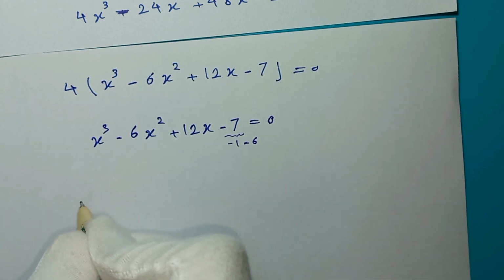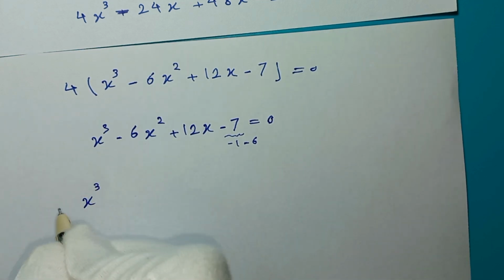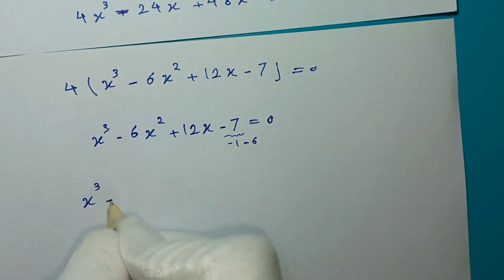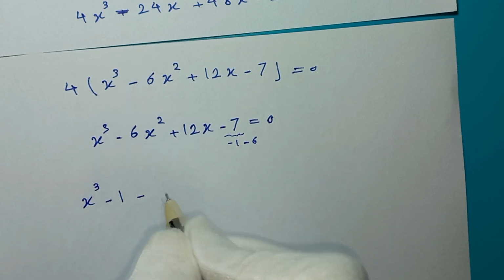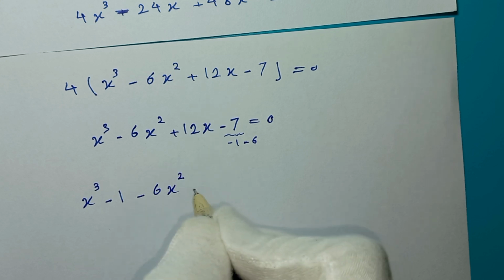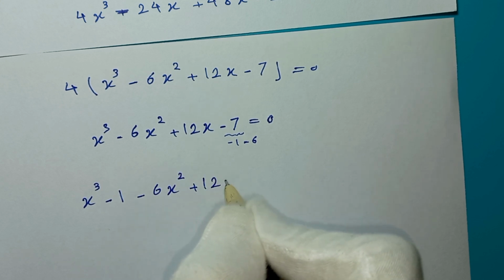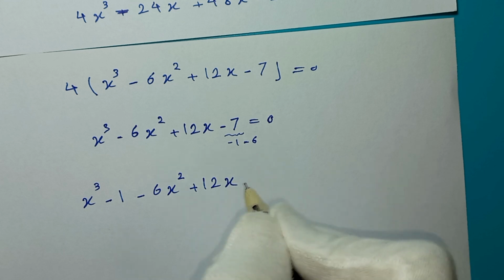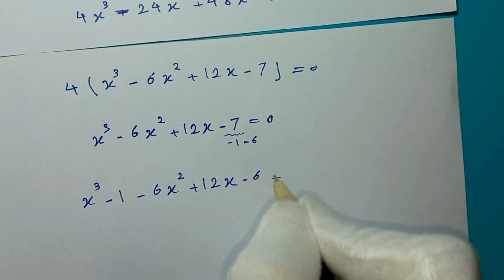So it will be x cubed minus 1, minus 6x squared plus 12x, and minus 6 is equal to 0.